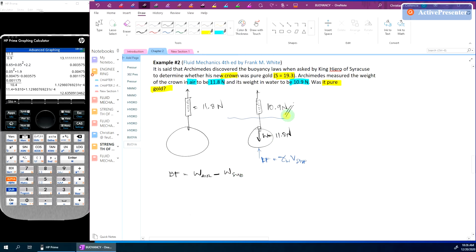Why is this so? If we take the summation of forces along the vertical, equilibrium means it is 0.